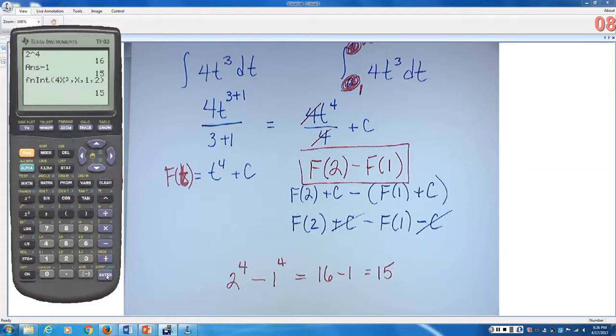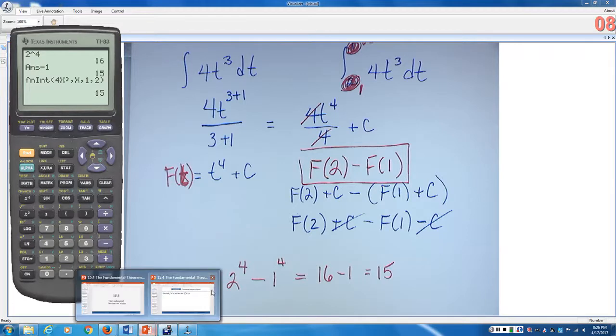Sure, just be sure and show me what to put in, because if you happen to switch the last 2 numbers, it'll give you a negative answer, which should clue you that you did something wrong, but might not. So yes, I would encourage you to use it on the test. Okay?